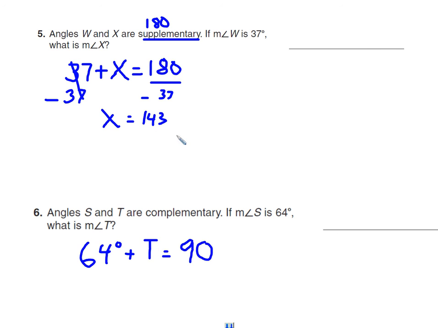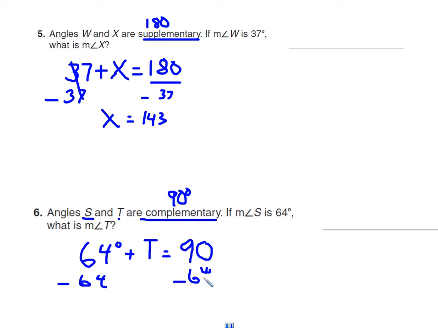On number 6, they say S and T are complementary. So what does that add up to? The two angles are going to add up to what? Good, 90. Hopefully you said 90 degrees. So if S is 64, 64 degrees plus angle T is going to give me 90. So once again, I just subtract 64 from each side.